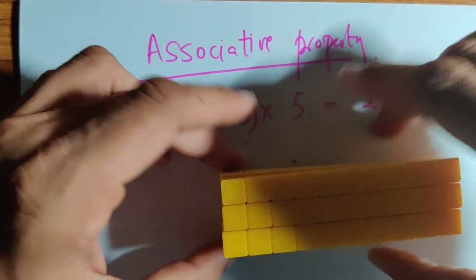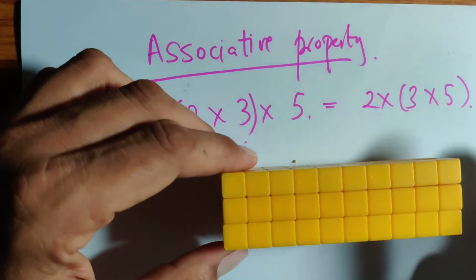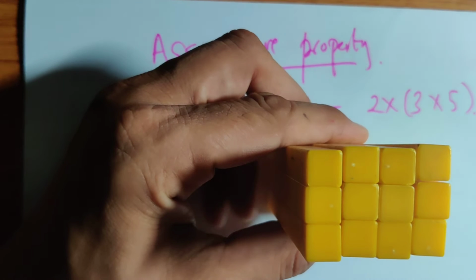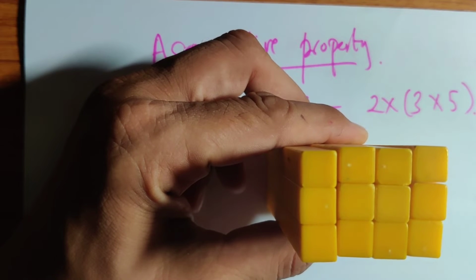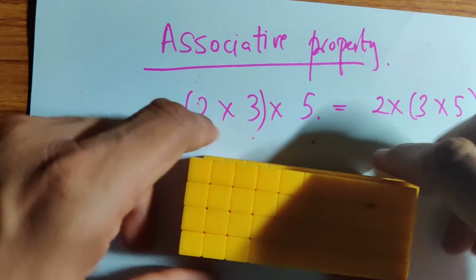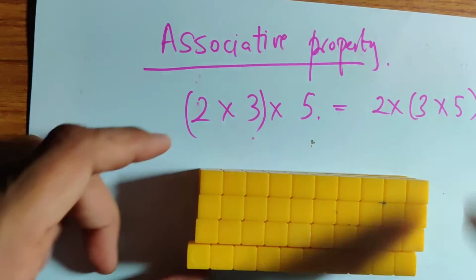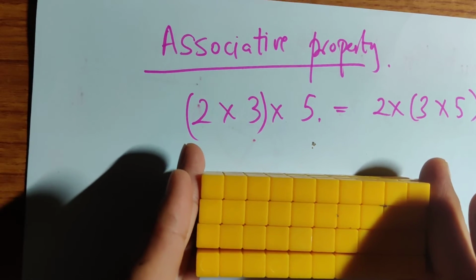So we started with 3 here, 10 there, 4 height. This is 120. But no matter how you hold it, if you hold it like this, it is 3 here and 4 there and then a 10. Height is 10. 3 times 4, height is 10. Or if you hold it like this, it is 4 times 3, height is 10. So it doesn't matter how you go about multiplying the volume.